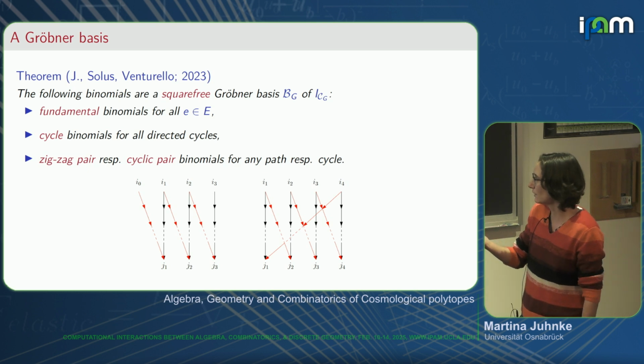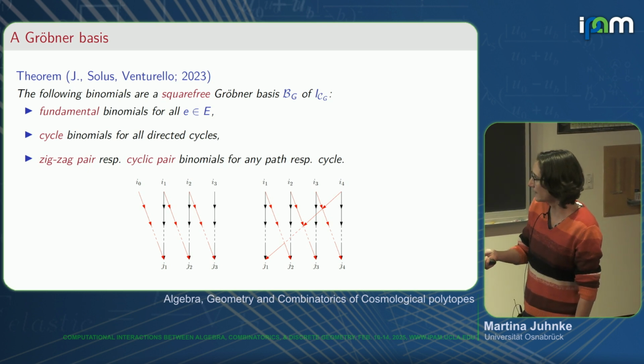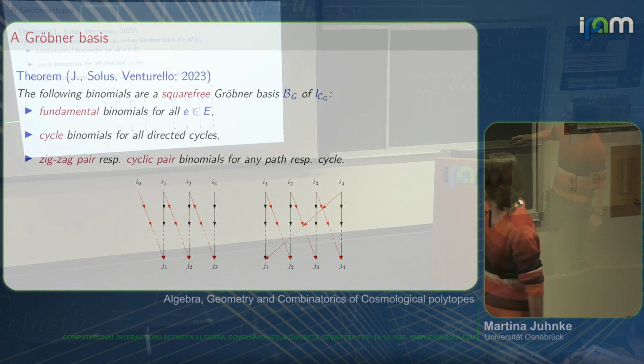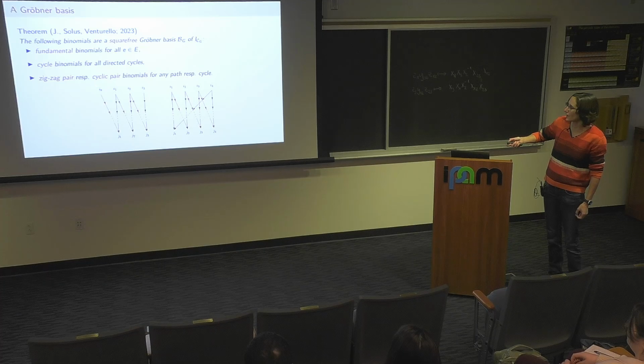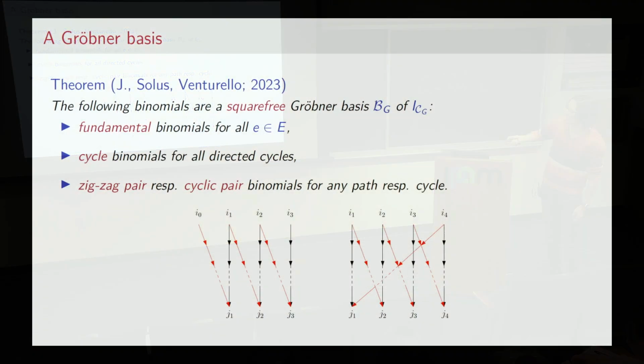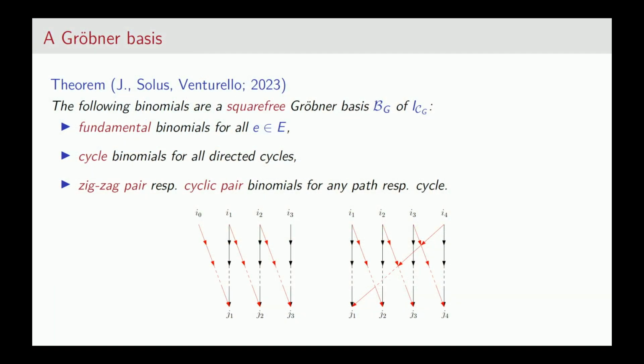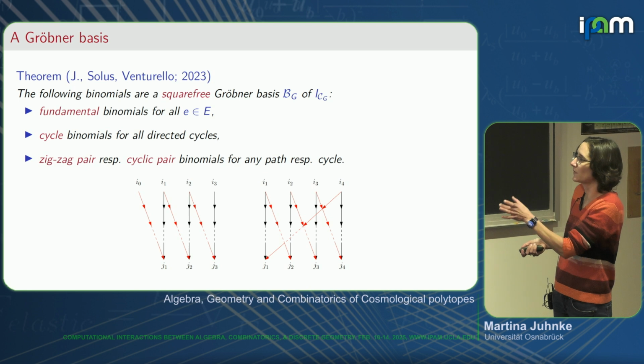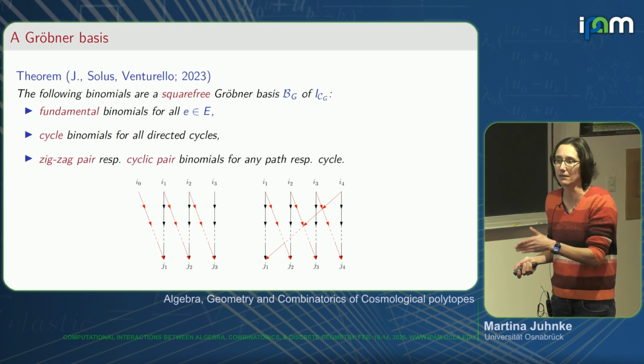And you can do the same game for paths in your graph. Again, you start by directing edges, some in one way, some in the other, back and forth, and then again you cook up a binomial. And this can be done for every such pair, which we call a zigzag pair. What I want you to take away from the slide is that everything just depends on cycles and paths in your graph.